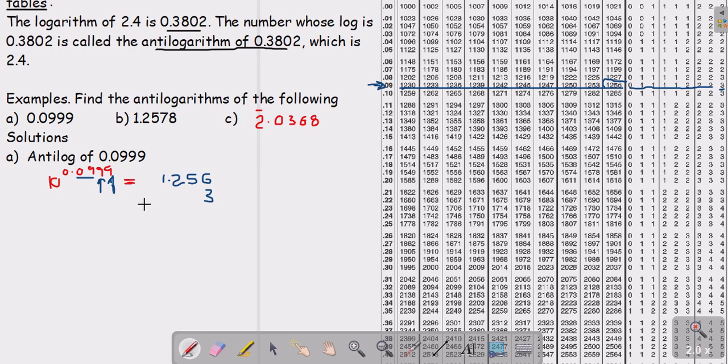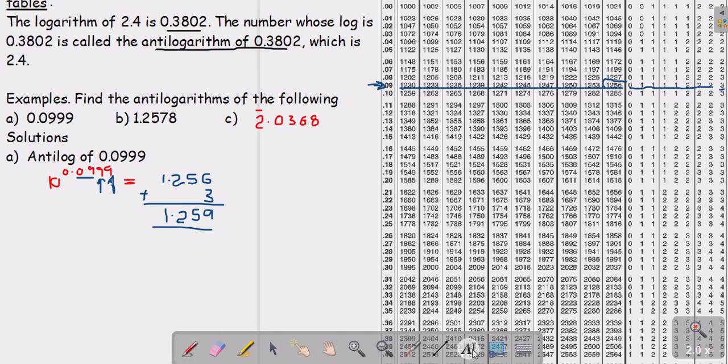After that we get our answer: 6 plus 3 we get 9, then here it will be 5, then 2, and then 1. So the antilog of 0.0999 is that answer.